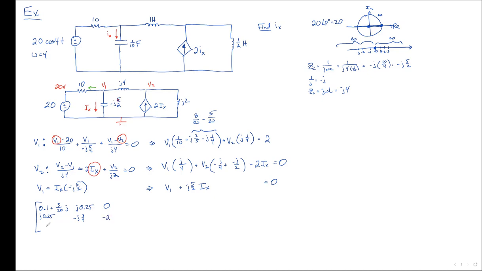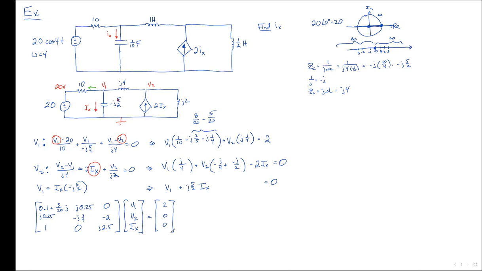And then our last one, we've got one V1, we don't have any V2, and we've got J 2.5. So that's V1, V2, I sub X, and all that equals 2, 0, and 0.